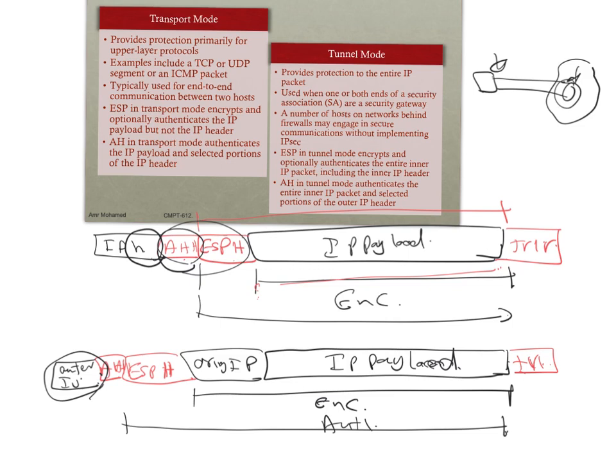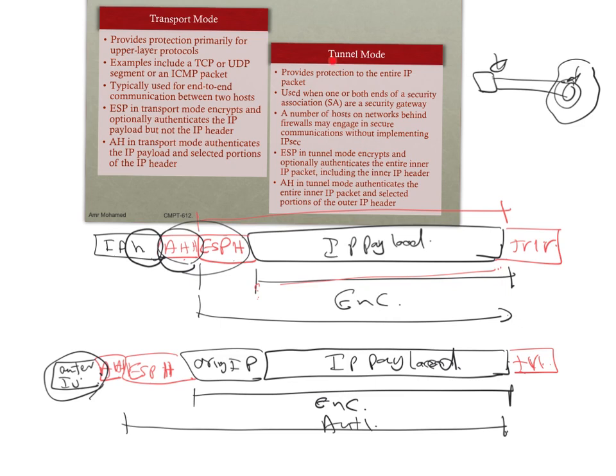So removing AH does not mean removing authentication, because authentication has to happen, right? The question is, who will do it, whether ESP or AH? It can be done within one header, okay? If I can use one header for both, of course, this is more simplified and less overhead, right? So that's the perception of IPsec version 2.